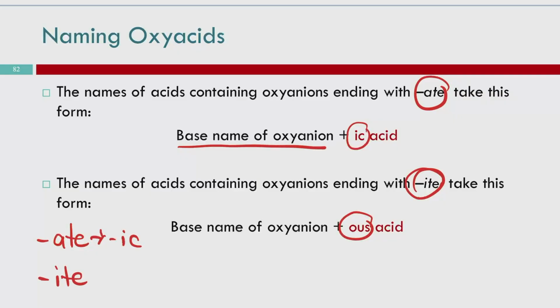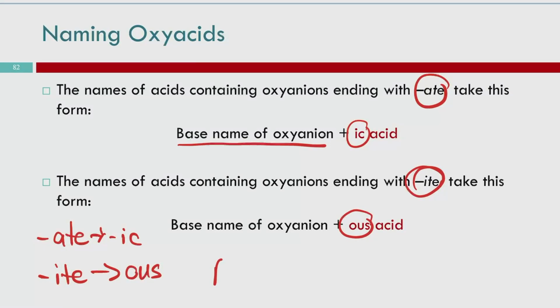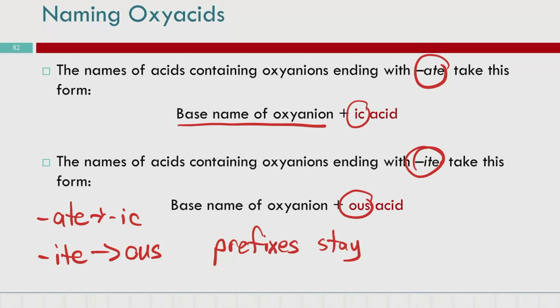Ite turns into ous. You may remember that we can also have prefixes for our oxyanions. The prefixes stay on during nomenclature. We don't adjust them or change them in any way. We just change the ate or the ite to ic or ous. And you just have to memorize those changes.